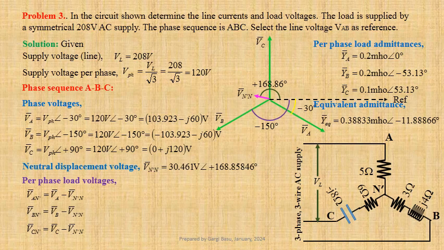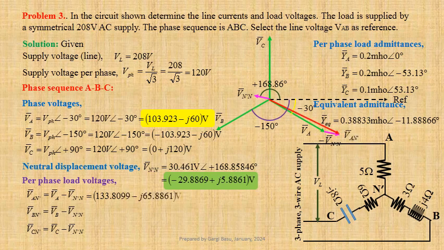In Cartesian form, this may be written as minus 29.8869 plus j times 5.8861 volt. Using values we get VAN' equals 133.8099 minus j times 65.8861 volt.